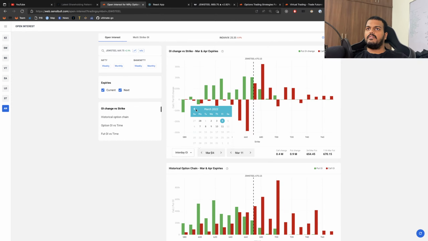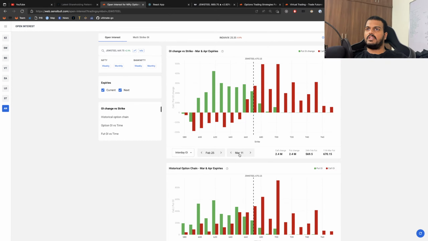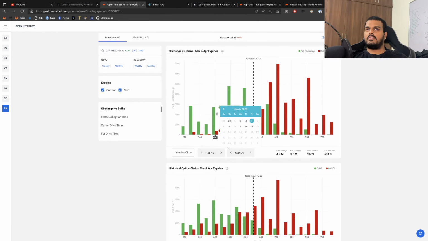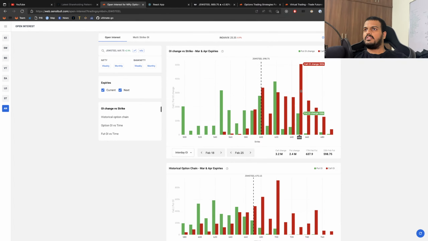And then if we go to the previous week, 680 was the only call option in JSW Steel which stood out, and before that also, if you're seeing, 650 and other things all vanished with this sudden up move.